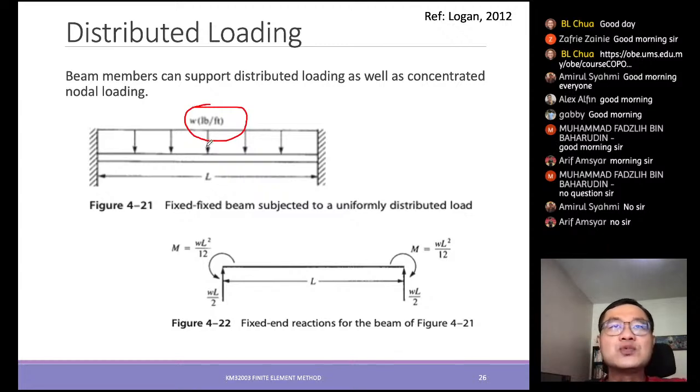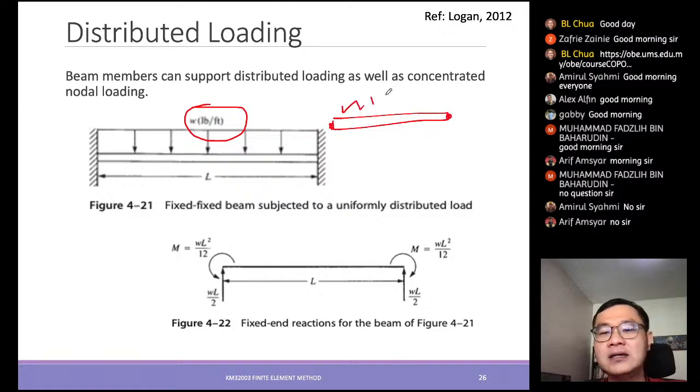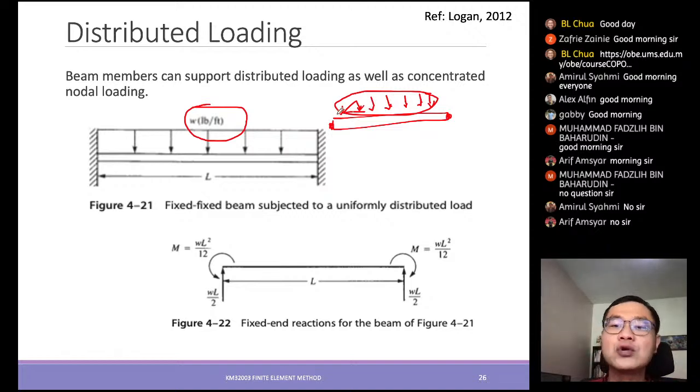But as we said previously, if we take this as an element, this is a beam element. The load can only act at the node, but not at the middle of the element itself. So what we need to do is readjust or redistribute all this into an equivalent load acting only at the nodes.